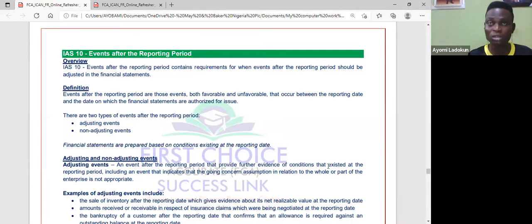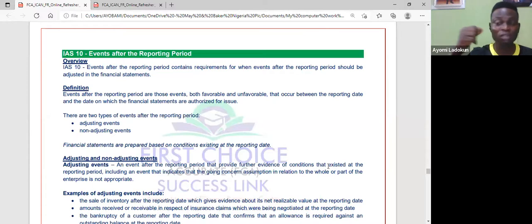Then from there, we took a look at discontinued operations. We said that is a component of an entity that has either been disposed of or is classified as held for sale. So the recognition criteria is the same as for assets held for sale.